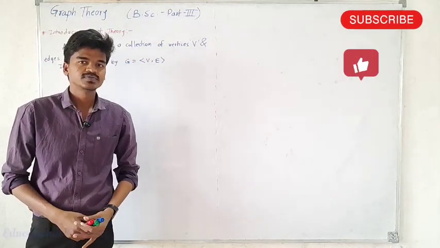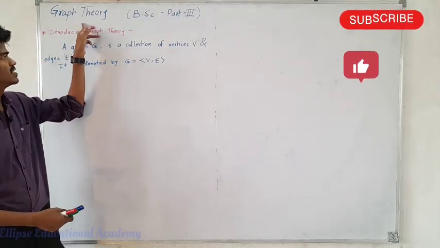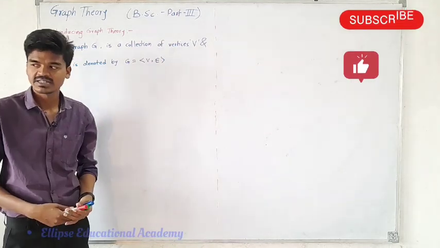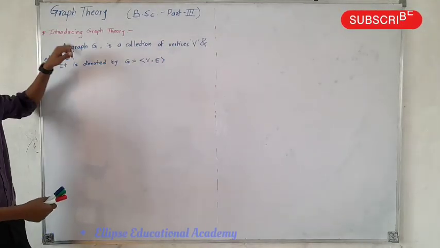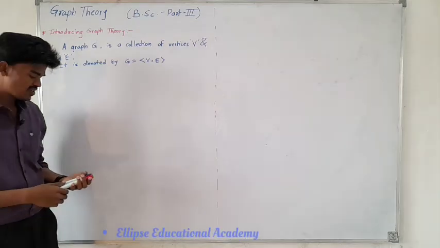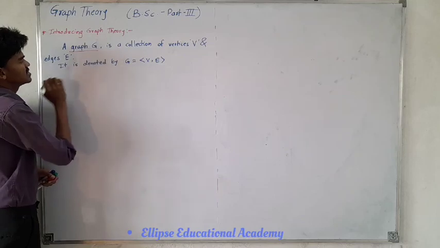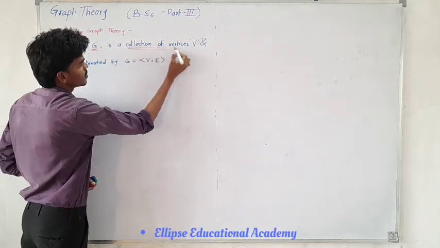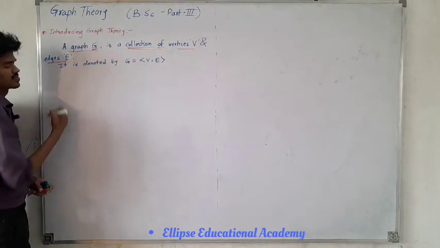Hello students, today we will discuss graph theory, which comes under B.Sc part 3 mathematics. Some introduction about graph theory: a graph G is a collection of vertices and edges.